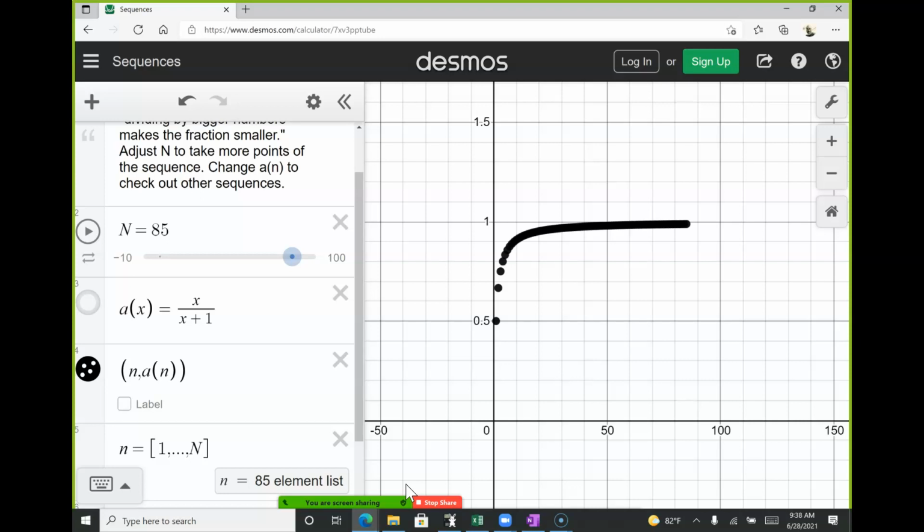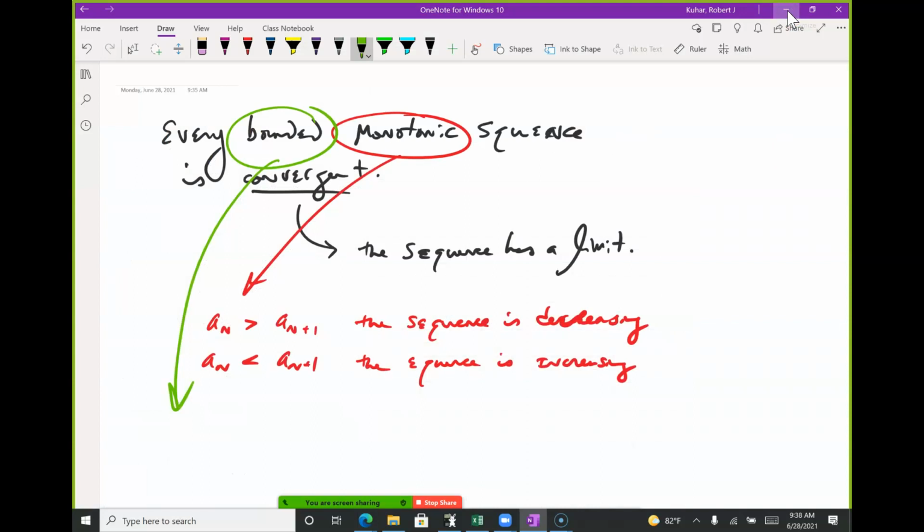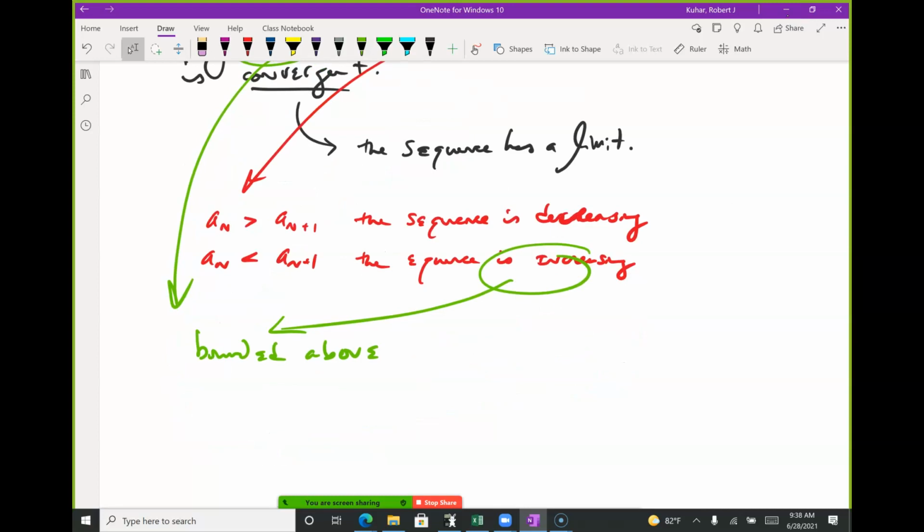Remember all that pre-cal stuff about horizontal asymptotes, long run behavior, short run behavior. So obviously, if it's increasing, I need it to be bounded above, right? If it's increasing, it must be bounded above.